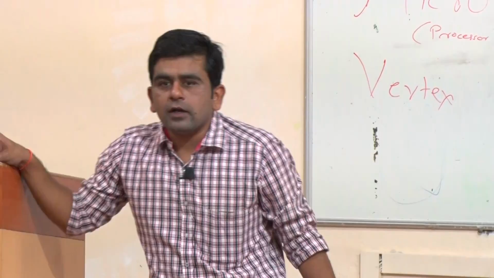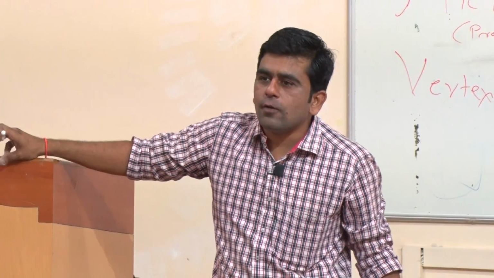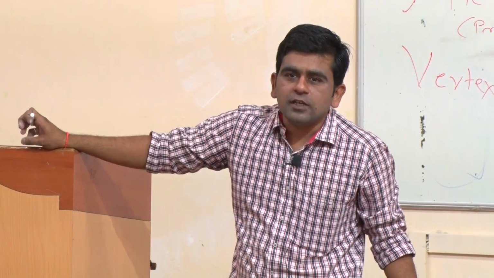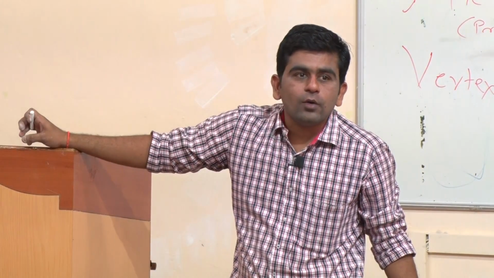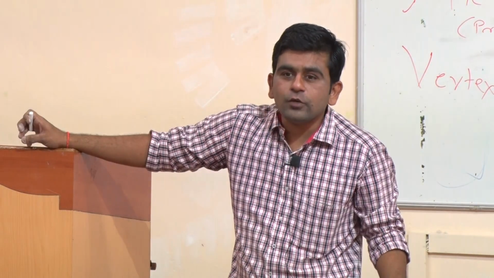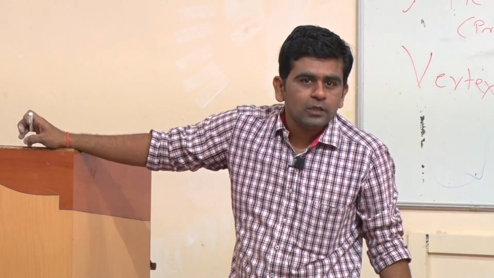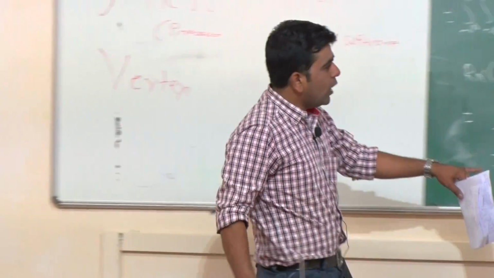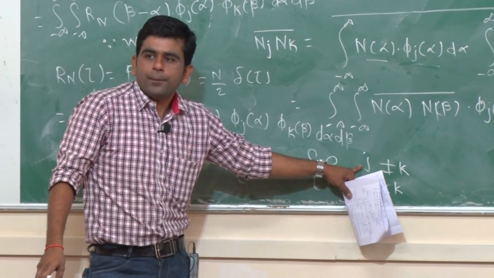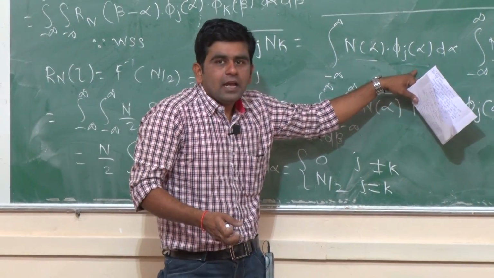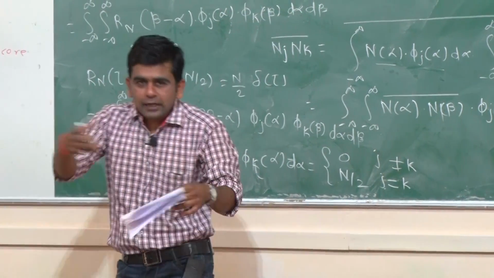You might remember the autocorrelation function, expected value of xy. We have two assumptions. When this is equal to 0, we can say that they are not related to each other, they are independent. So here we have the two basis functions phi j and phi k that are equal to 0 when j is not equal to k. Can I say that this n j and n k are perpendicular to each other?